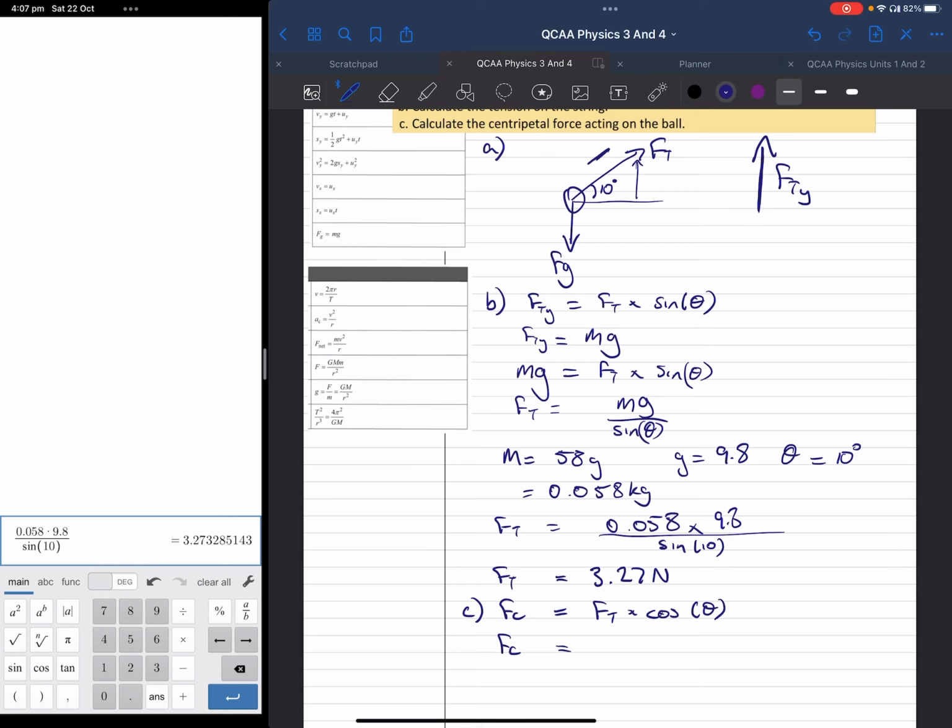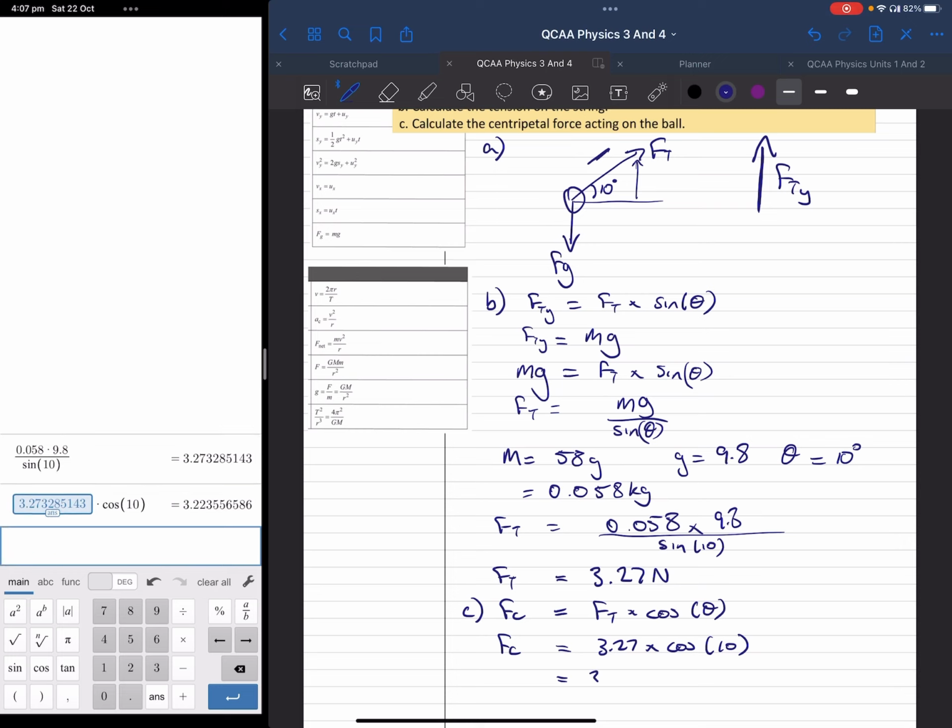I can substitute my values straight away here. And again, plug it into my calculator using the stored value to eliminate any rounding errors. So we find that our centripetal force is equal to 3.22 newtons.